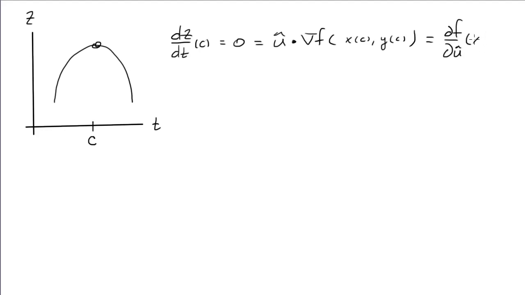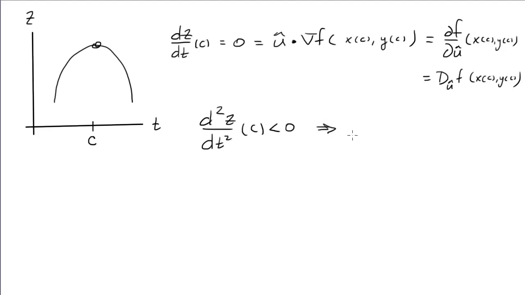And the two different notations for directional derivative. In Calc 1, if the second derivative at the critical point is negative, then you have a maximum at that t value.